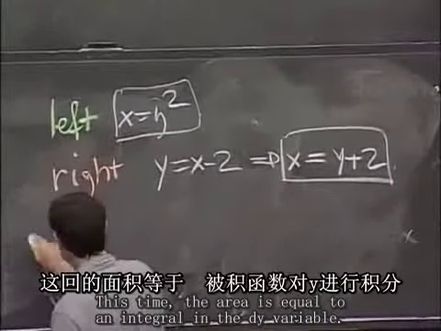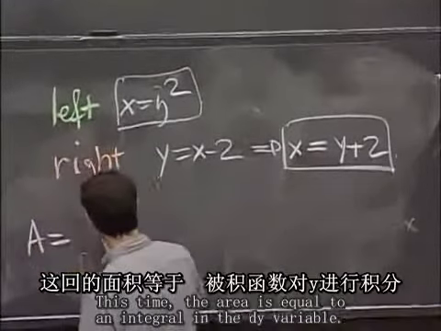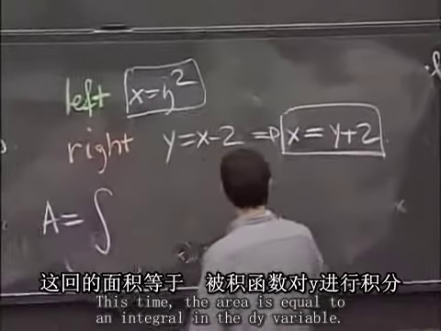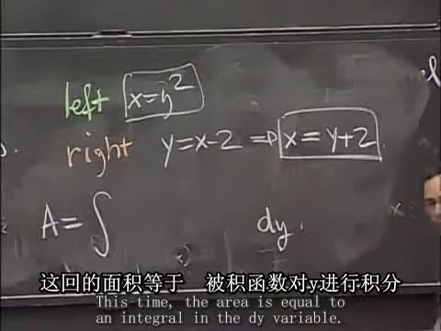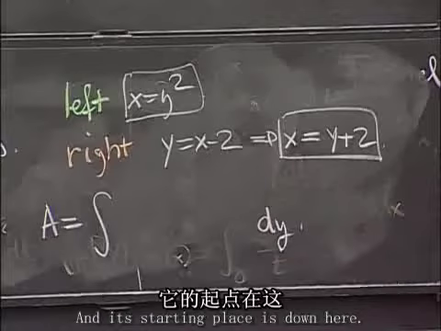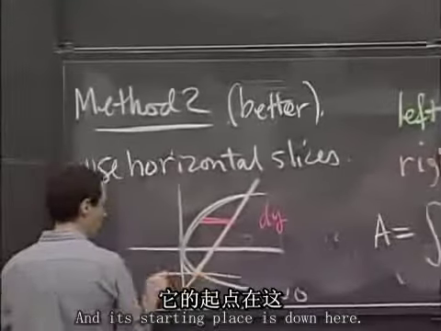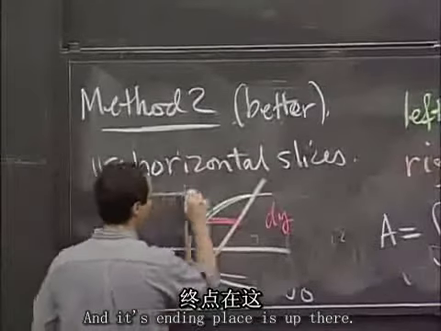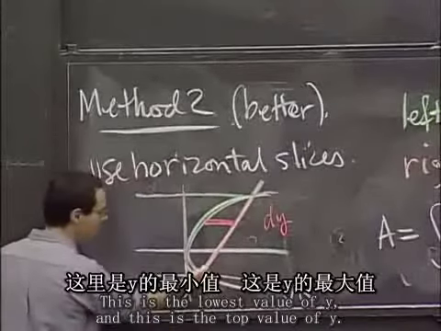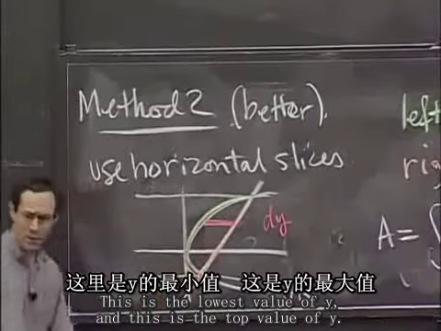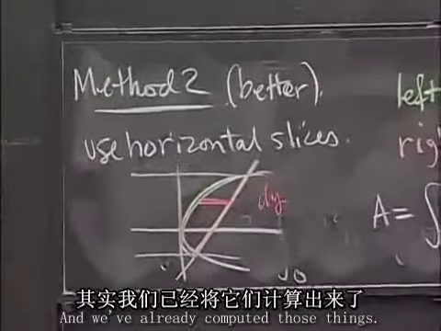This time, the area is equal to an integral in the dy variable. Its starting place is down here and its ending place is up there. This is the lowest value of y, and this is the top value of y. We've already computed those things.